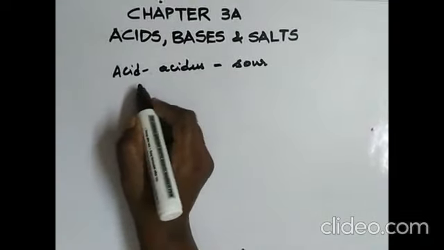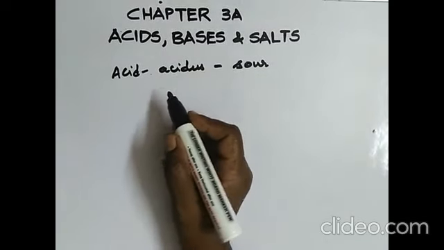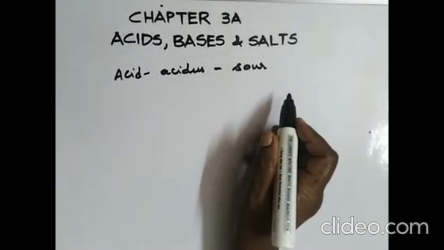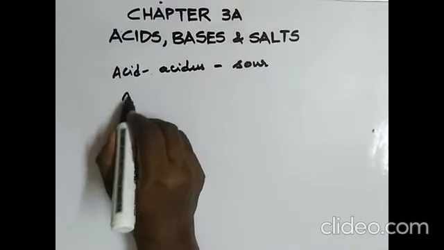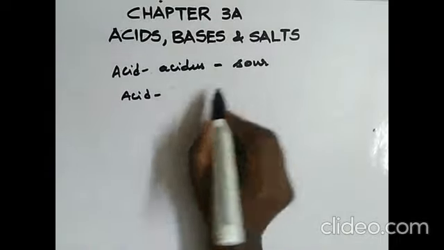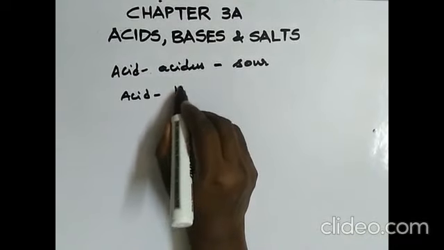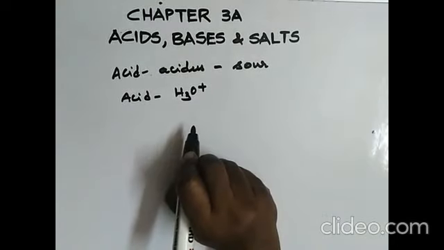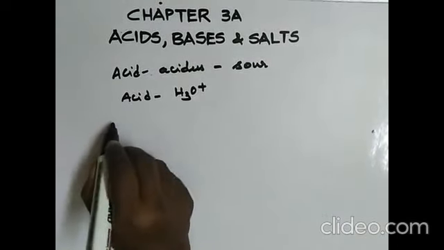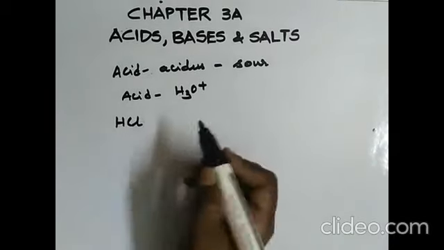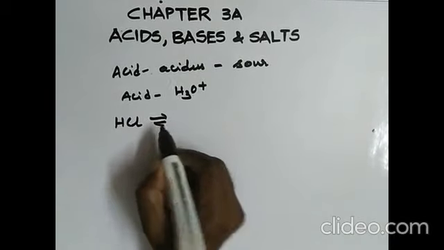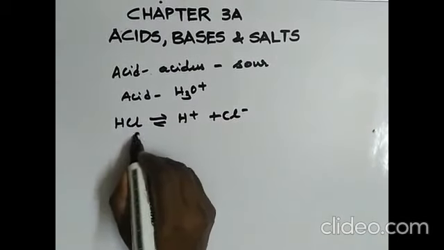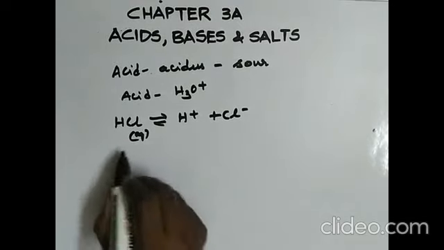A definition of acid: an acid is a compound which, when dissolved in water, yields hydronium ion as the only positively charged ion. For example, take hydrochloric acid, HCl. HCl dissociates to give H+ and Cl- ion in aqueous solution.